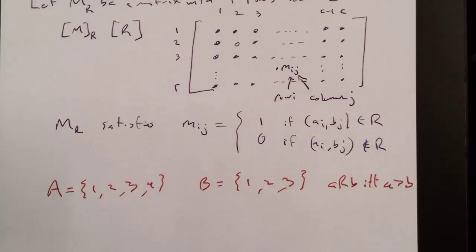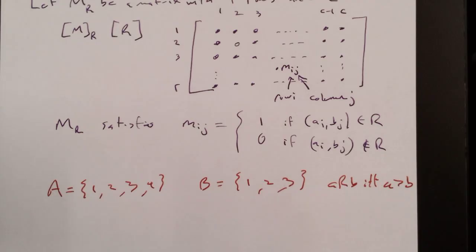I want to create a matrix for this relation, from the set 1, 2, 3, 4 to the set 1, 2, 3. The relation is defined: A is related to B if A is strictly bigger than B. So I'm going to have a matrix that's got 4 rows and 3 columns. Again, row, column, RC.